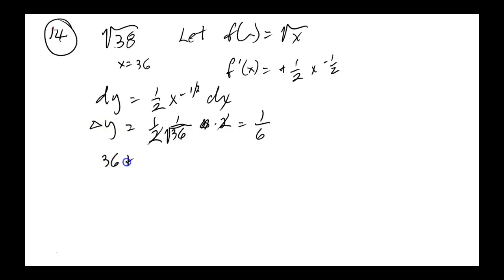So 36 plus 1/6 would be our approximation for y, and that would be 36 and 1/6, which would be 217.